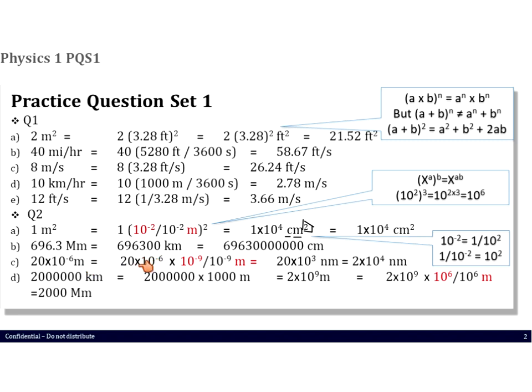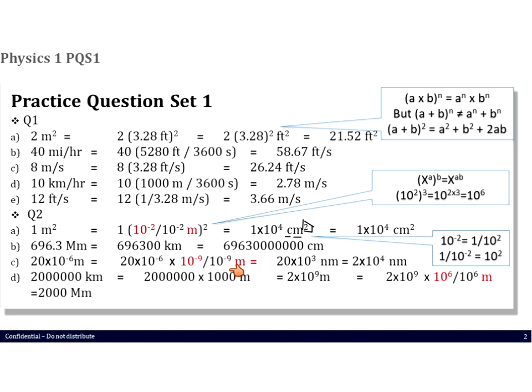So this is 20 micrometer, and because I want nano in the answer, I'm going to multiply and divide by nano. And nano is 10 to the power -9. So 10 to the power -9 divided by 10 to the power -9. Now the red part is basically nanometer. So I am left with 20 multiplied by 10 to the power -6 divided by 10 to the power -9. And the rest is just simple arithmetic. And you have 2 into 10 to the power 4 nanometer.